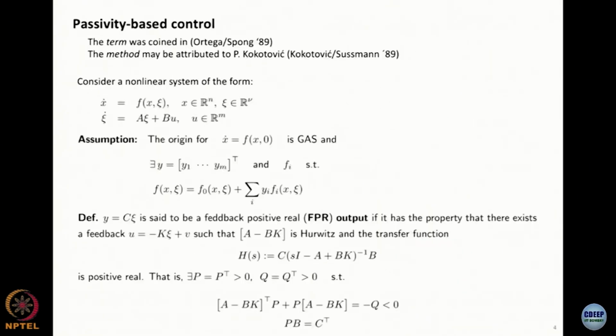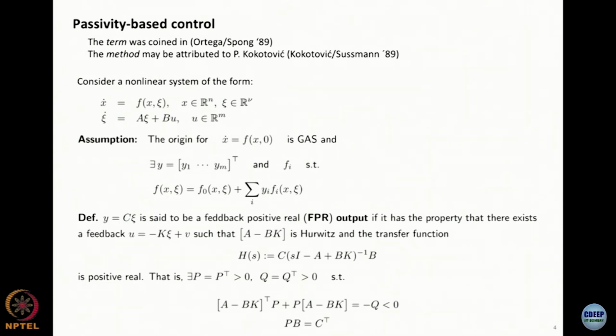So let's see passivity-based control in its general form. This method goes back to the work of Petar Kokotovic and Hector Sussmann in '89. I don't know the story very well, but Kokotovic was kind of the big boss in Illinois in '89, and Ortega and Spong had just been recruited as assistant professor, and Romeo Ortega was a postdoc there.